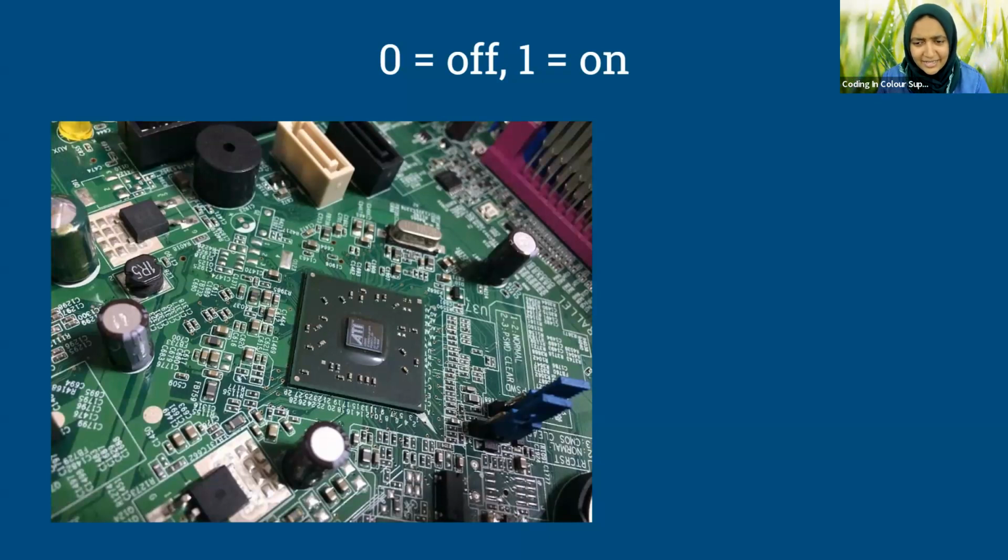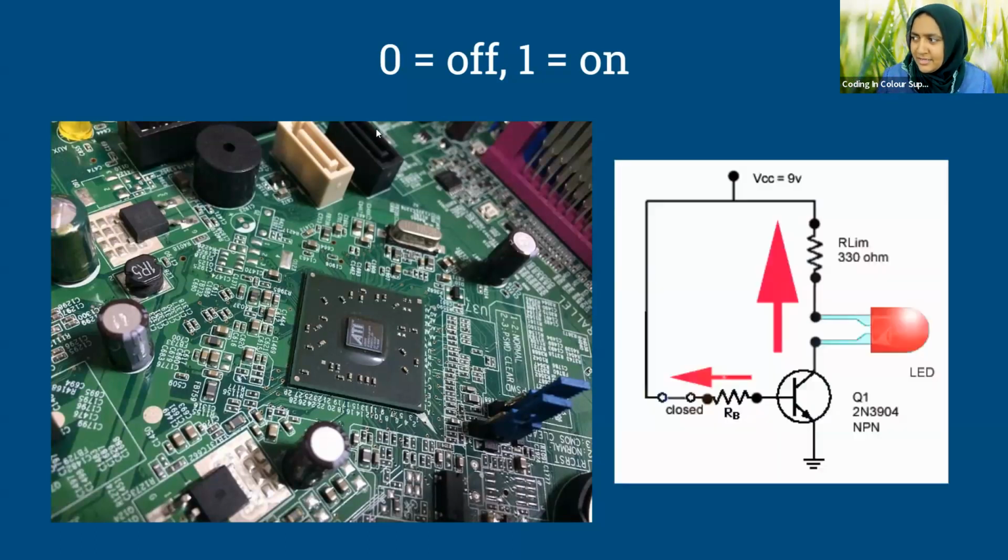And I don't want to get into the whole electric side of things, but you can think about these transistors as switches. So in this little GIF here, we've got a switch that when the switch closes, we get the light turning on, and when it's open, the light is off, right?